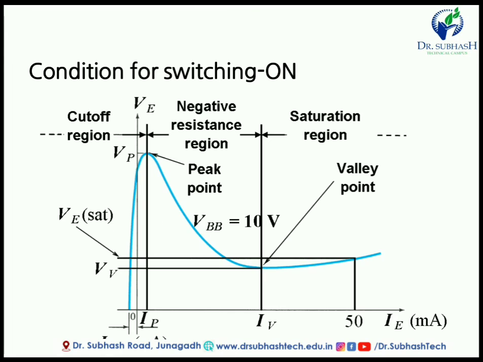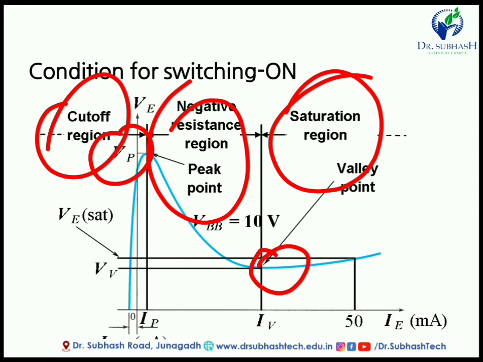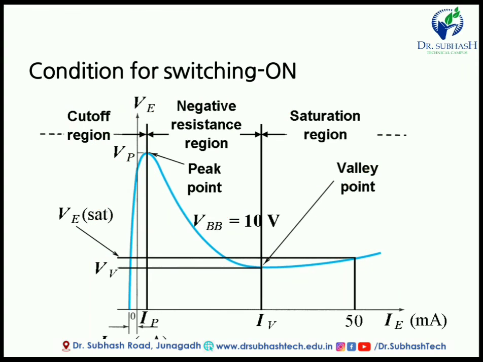Now, we already know the characteristics of the UJT: the cutoff region, negative resistance region, and saturation region. You have to remember VP, VV: this one is the valley point, this is the peak point, and this is the saturation point. After the saturation point, the UJT becomes on, and it allows the IE current to flow through the UJT.